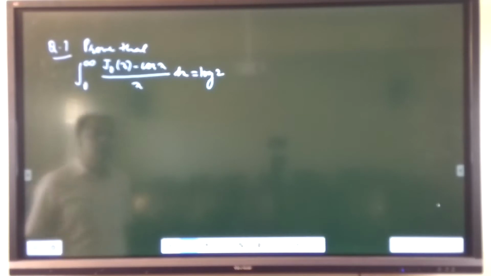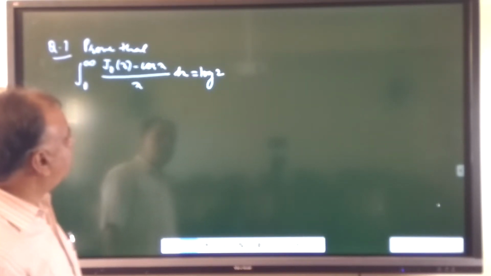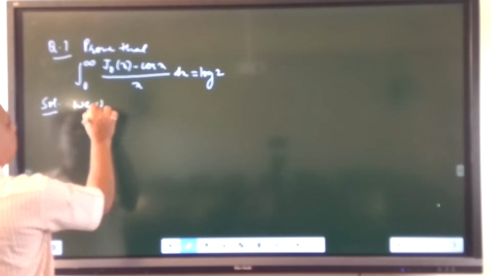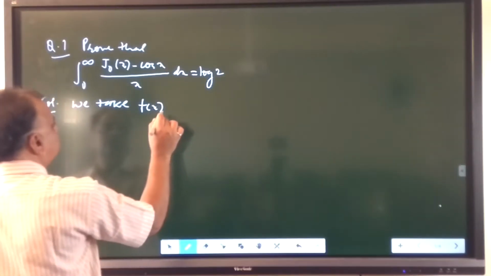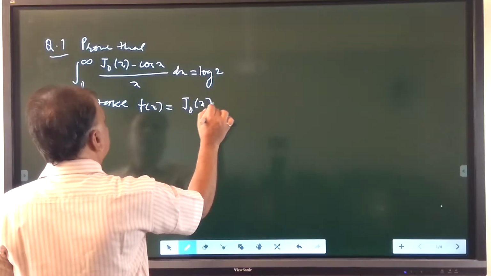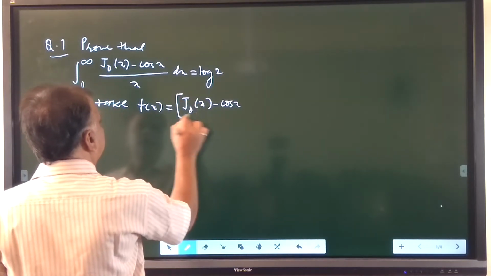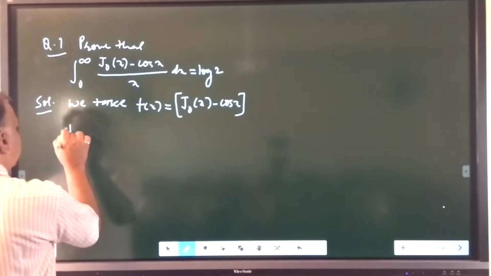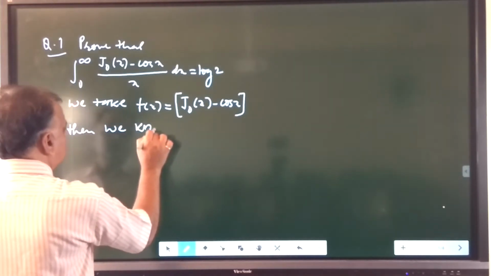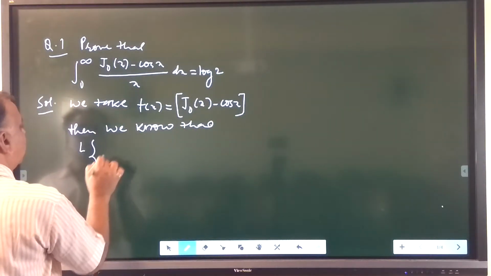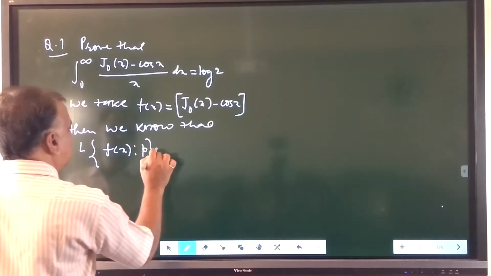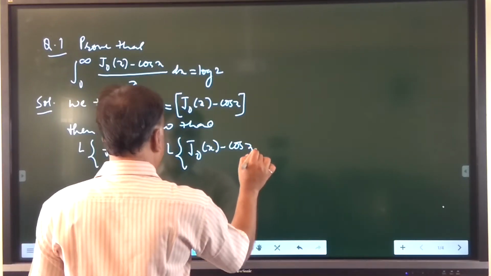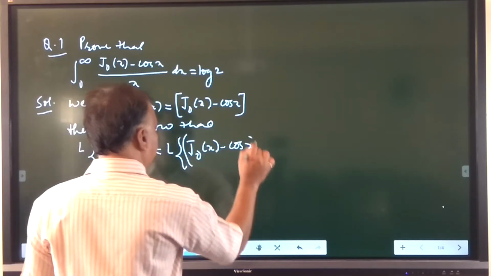First, we will have to prove this result, that the integral from 0 to infinity of (J0(x) minus cos x) upon x dx is equal to log 2. If we take f(x) equal to J0(x) minus cos x, then we know that the Laplace transformation of f(x) with respect to p is equal to the Laplace transformation of J0(x) minus cos x with respect to p.